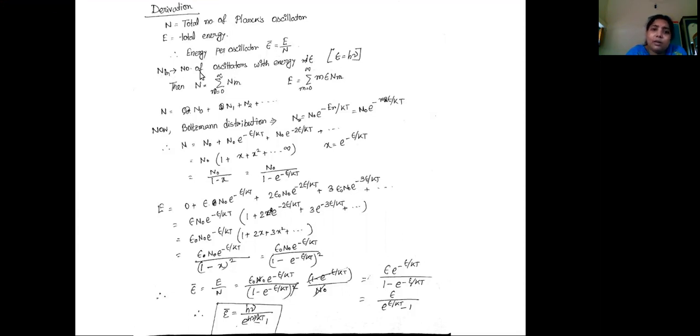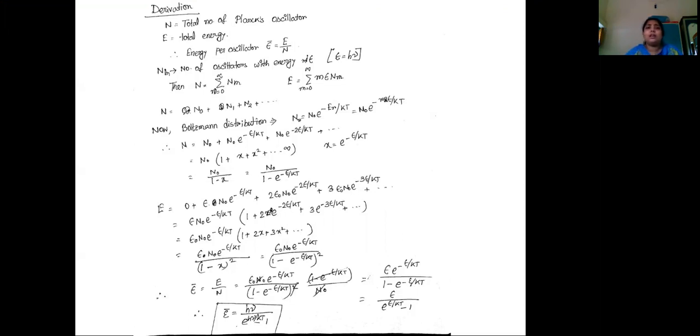So n_m is the number of oscillators with energy m h nu. Then there are n_0 oscillators with energy 0 into h nu, n_1 oscillators with energy h nu, n_2 oscillators with energy 2 h nu, n_3 oscillators with energy 3 h nu, and so on.